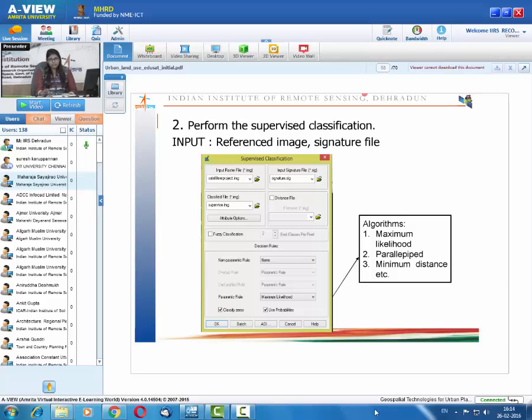Now, different algorithms are available for the classification: maximum likelihood, parallelepiped, minimum distance. We generally use maximum likelihood. Maximum likelihood tells us the probability of the pixel belonging to that category, and it can be assigned to a certain class.